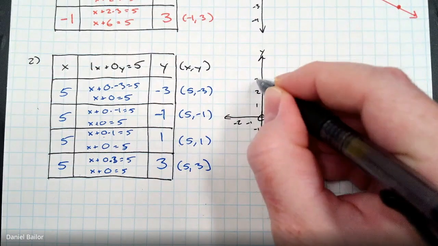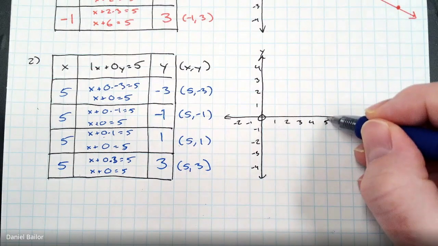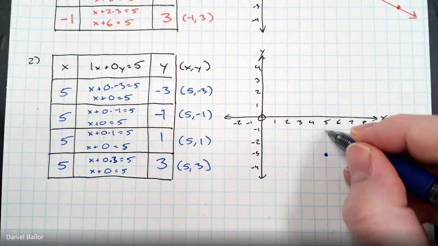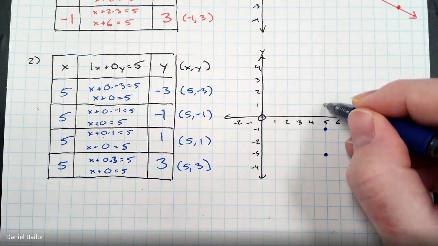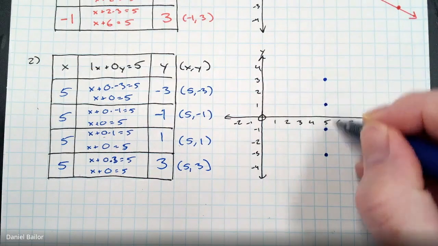Build my graph. There we go. The xy axis is complete. Let me label. So 5x, -3y. Here's 5x, -3y. 5x, -1y. 5x and 1y. 5x and 3y. Well, look at that.